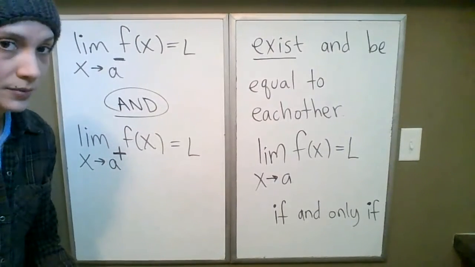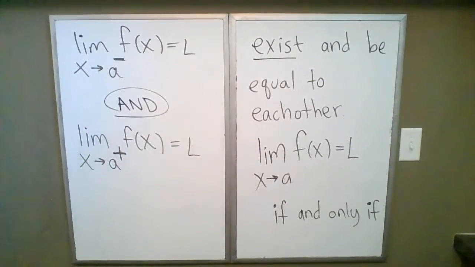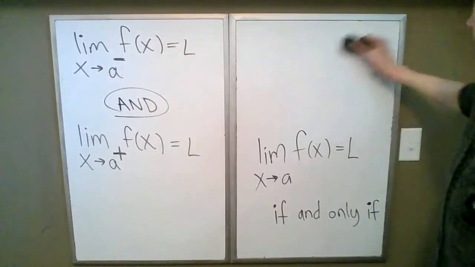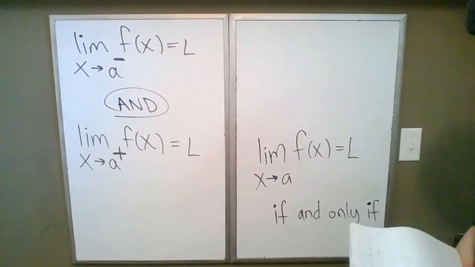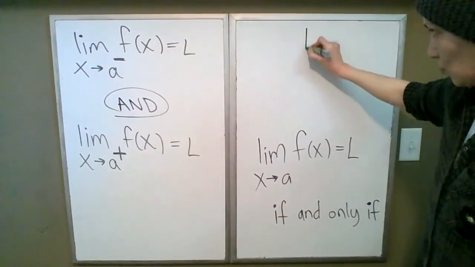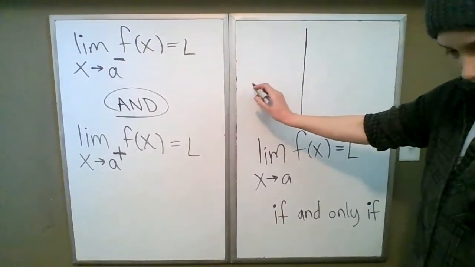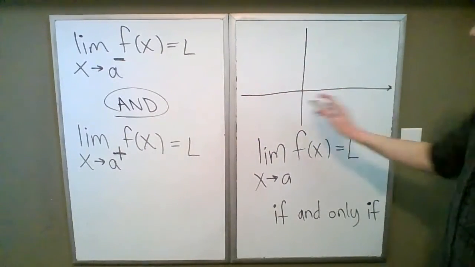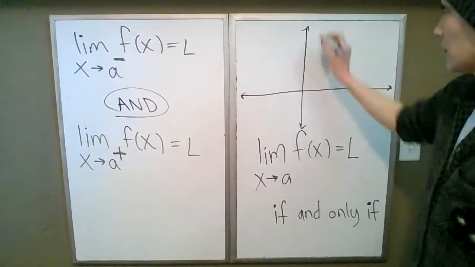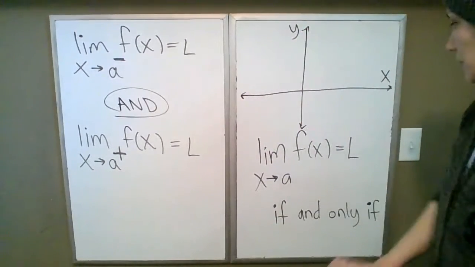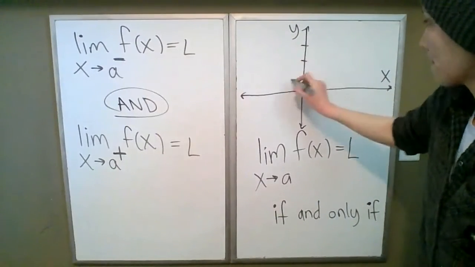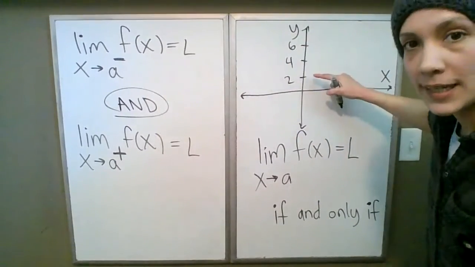We're going to start drawing a graph. We're going to call the function f. Right, label 2, 4, 6.